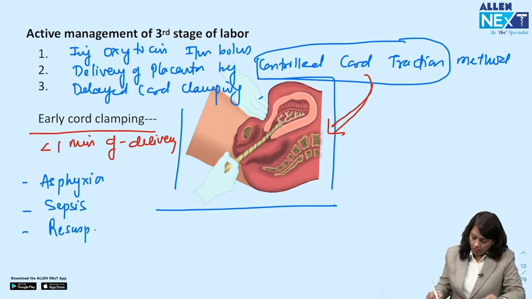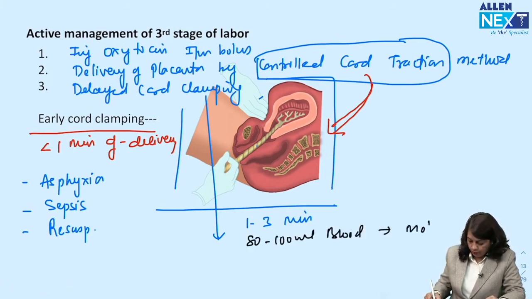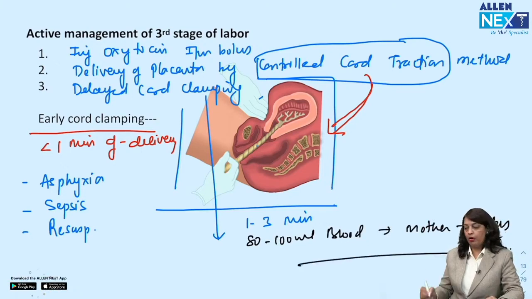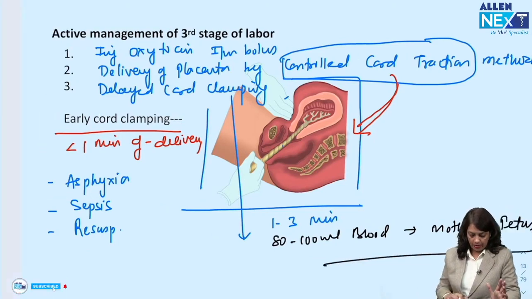Now delayed cord clamping: what is the advantage? Delayed cord clamping is done within 1 to 3 minutes, and around 80 to 100 ml of extra blood can go from mother to fetus. So that is the advantage.